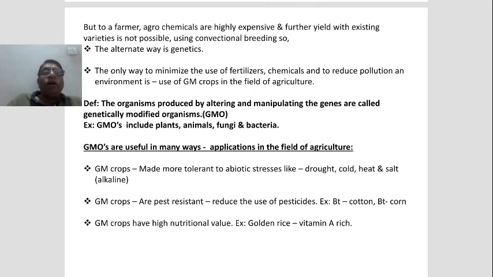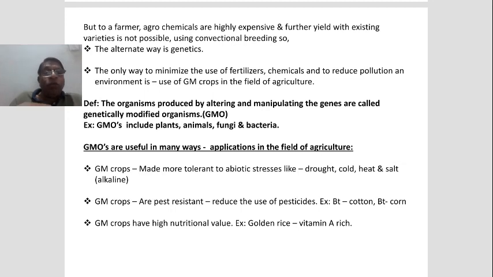How do we define this? Say, for example, there is a cotton plant. We alter its genes.